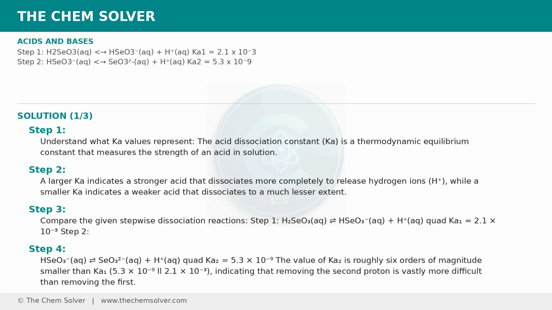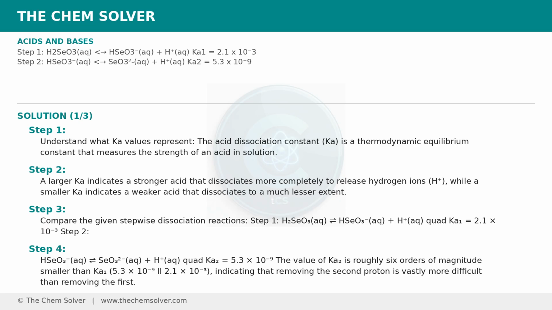Compare the given stepwise dissociation reactions. Step 1. H2SiO3 is in equilibrium with HSiO3⁻ plus H⁺, Ka1 equals 2.1 times 10 to the power minus 3. Step 2. HSiO3⁻ is in equilibrium with SiO3²⁻ plus H⁺, Ka2 equals 5.3 times 10 to the power minus 9.